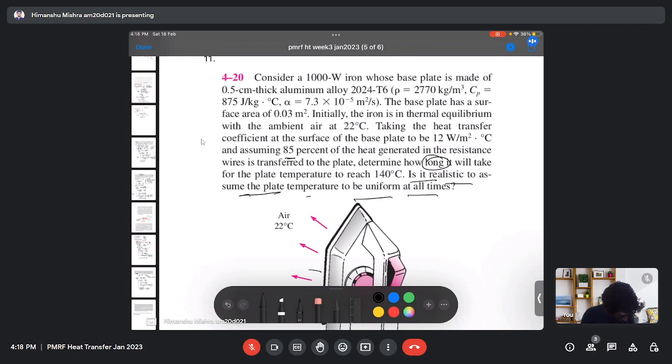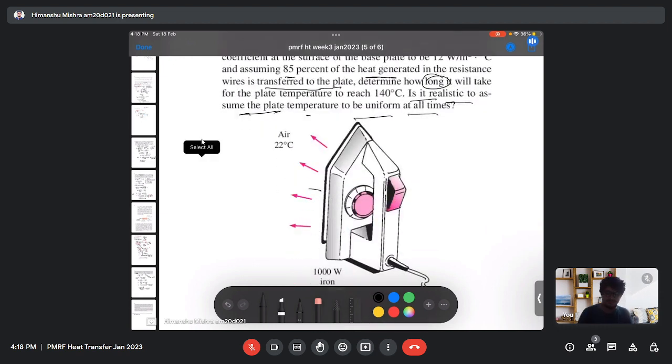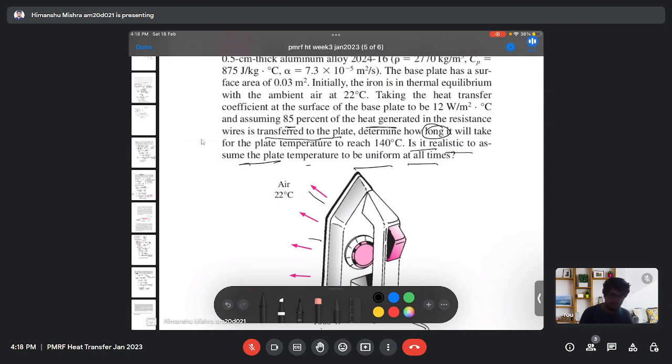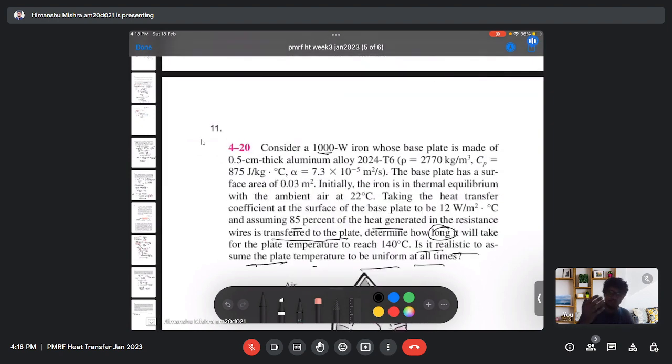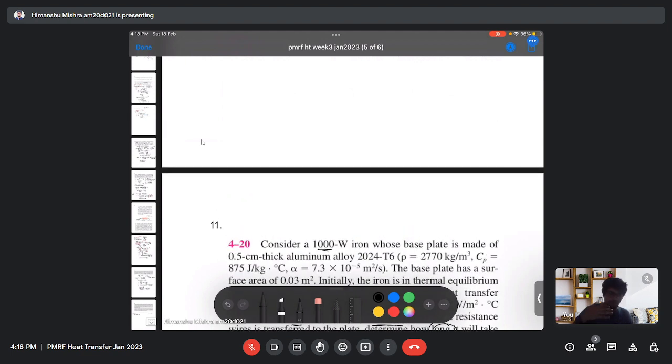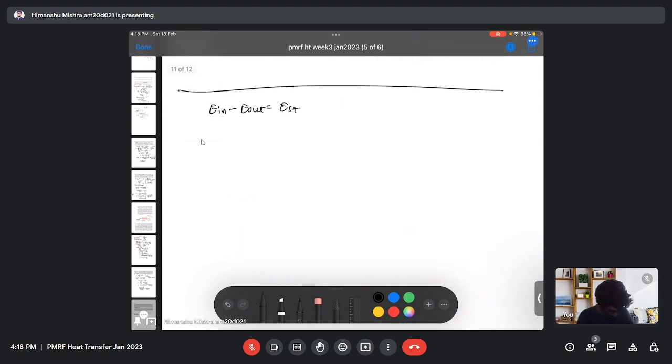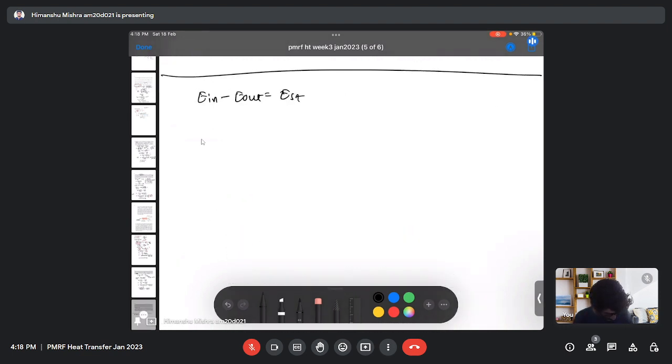That is 85% of the heat generated, which is 1000 watt, is transferred to the plate. So the plate is getting energy, and it is also releasing energy into the air. So there is energy intake as well as the loss of energy. And now we equate it to energy storage.